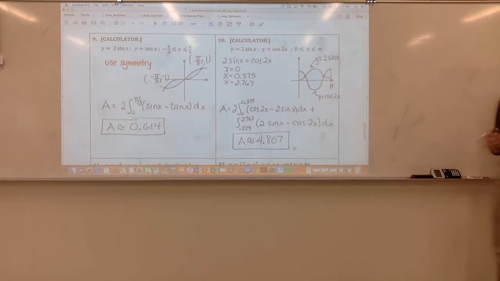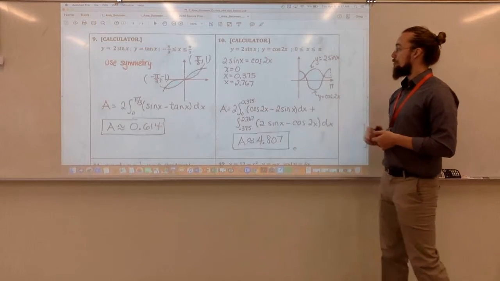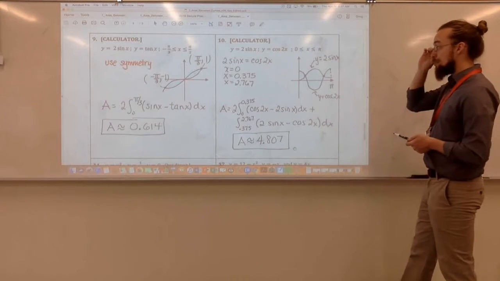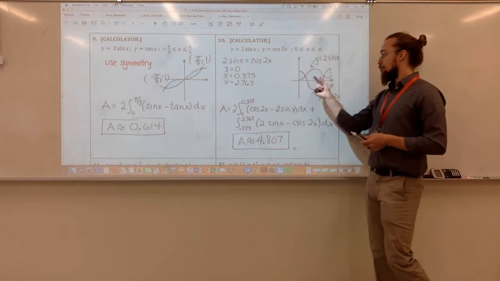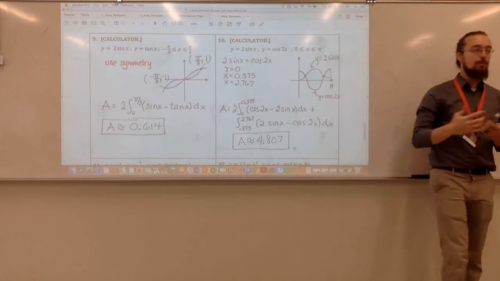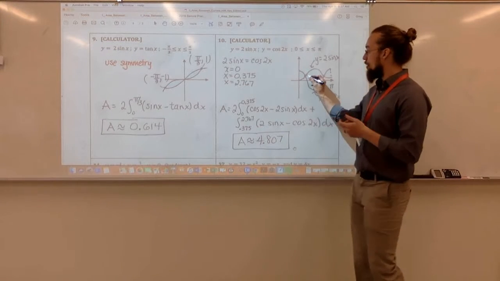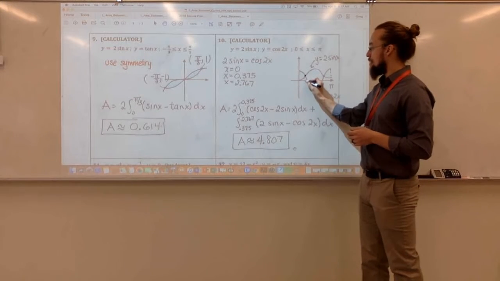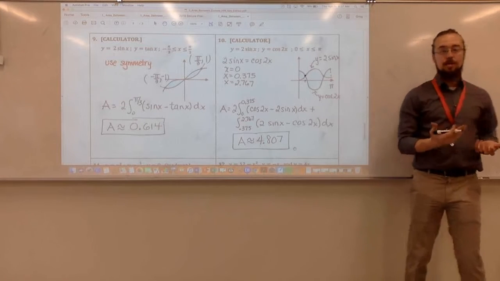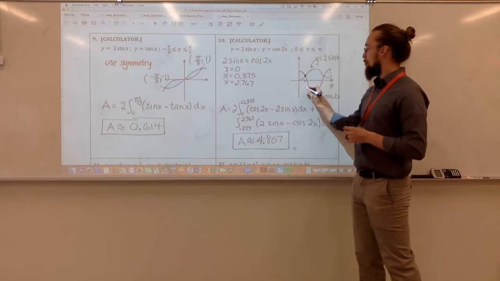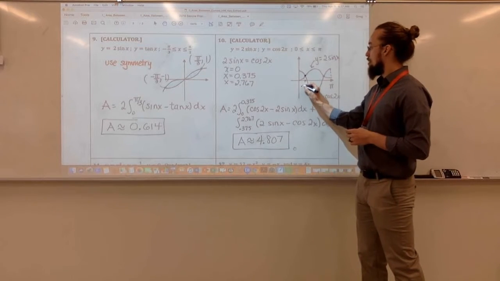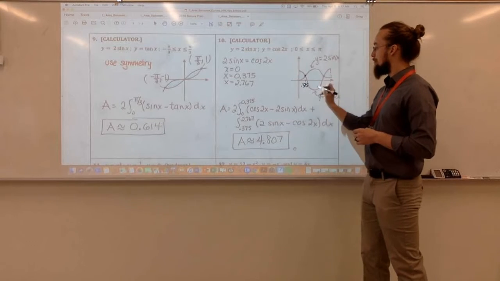So if we graph both of these functions, okay, we would end up with some kind of picture like this. So we end up with 3 different pieces that we want to look at here. On this first piece, and again, we can use the calculator to find this x value, to find this point of intersection. And if we do that, I think we end up getting that it's 0.375.